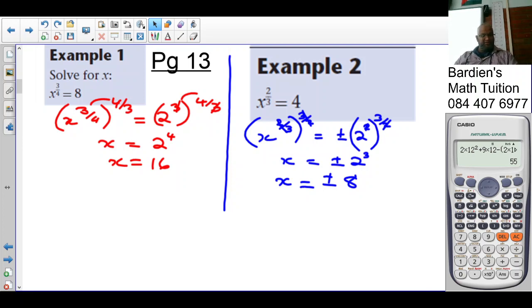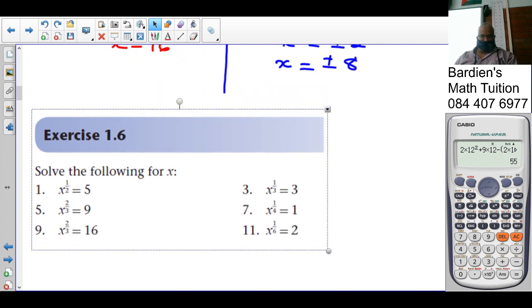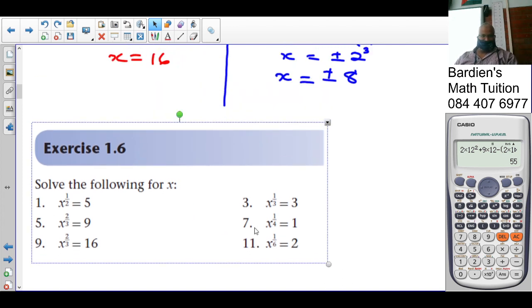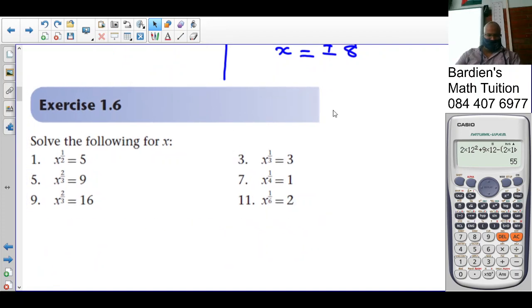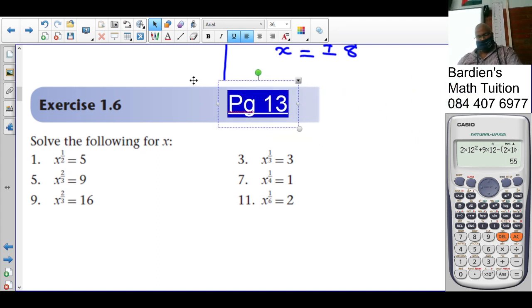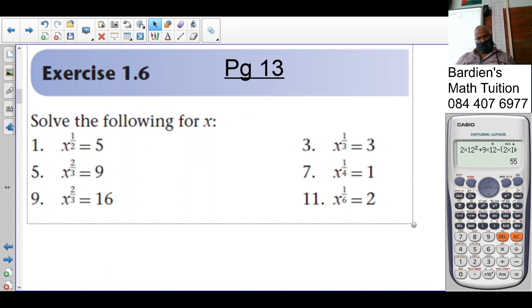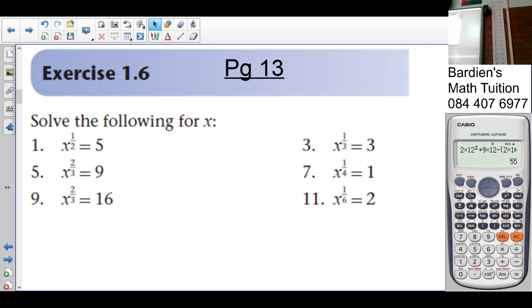This is on page 13. Yes, Michael. Yes or no?